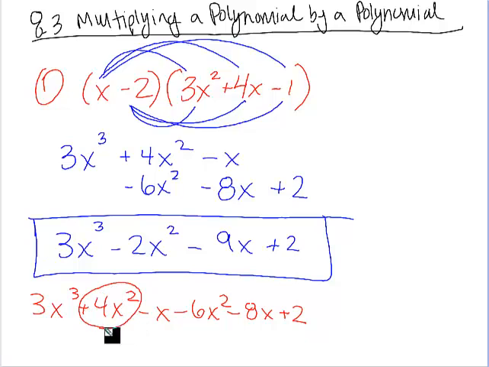Here's my 4x squared with my minus 6x squared, and we get the minus 2x squared. Here's my minus x with my minus 8x, and I get the minus 9x. You're going to get the same answer. It's whichever way makes the most sense to you. Okay? We'll do another one like this.